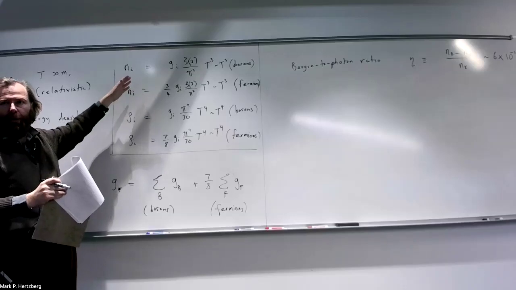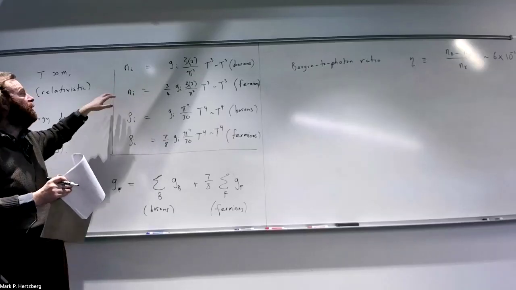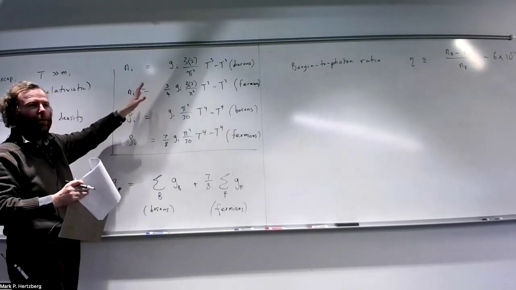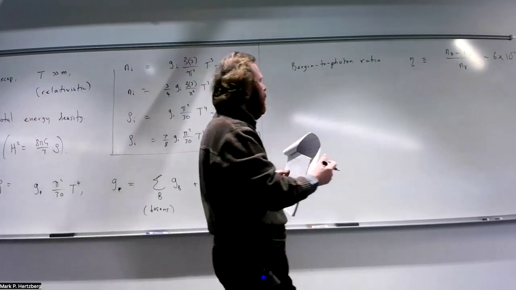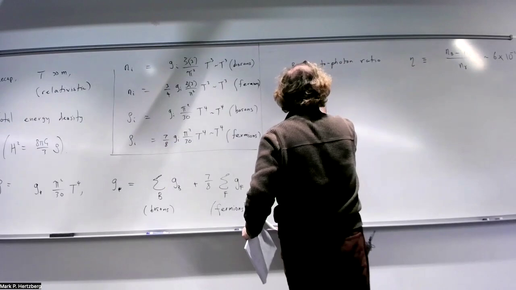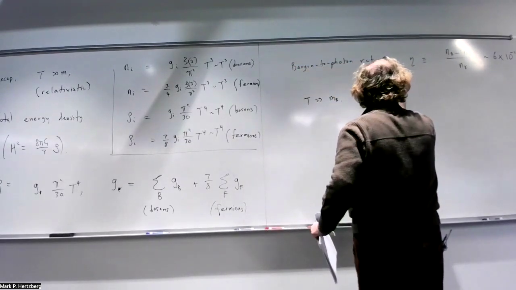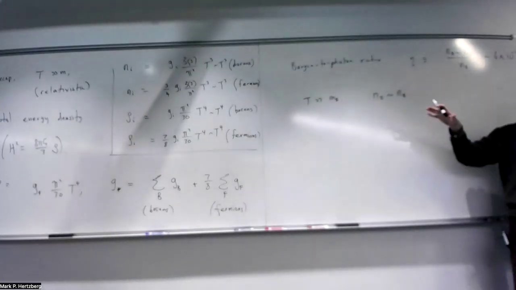Like the number density of photons, as we said last time, was similar to the number density of some relativistic species. There's some 3/4 factor, but they're comparable. So at T much bigger than the mass of a baryon, n gamma is order the number density of the baryon itself, up to some 3/4 factor.